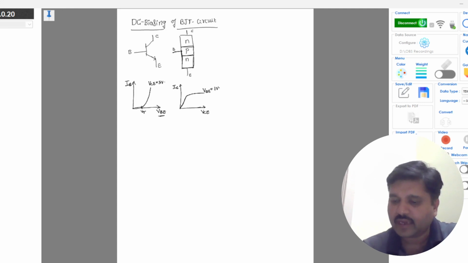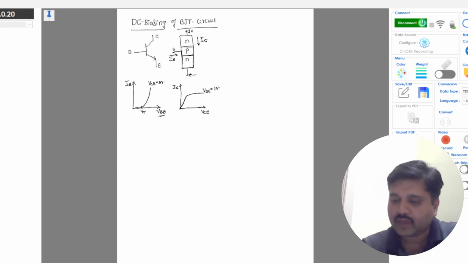Initially the output current will vary according to the output voltage itself, VCE. We vary the VCE and we observe the output current IC. So in the input characteristics we observe the input current IB.